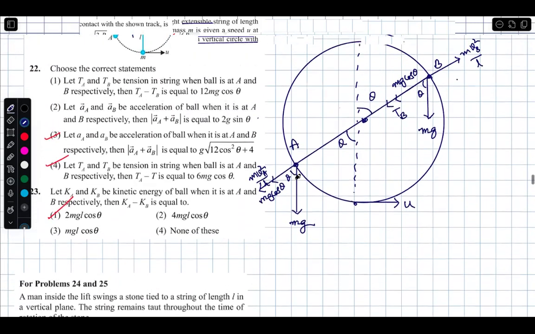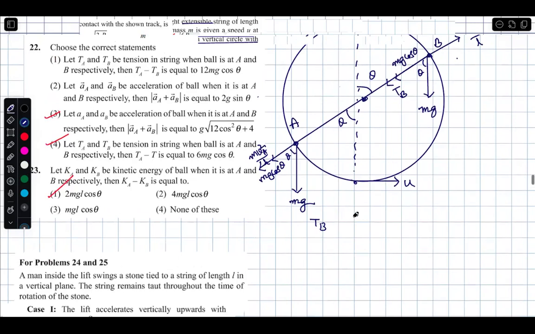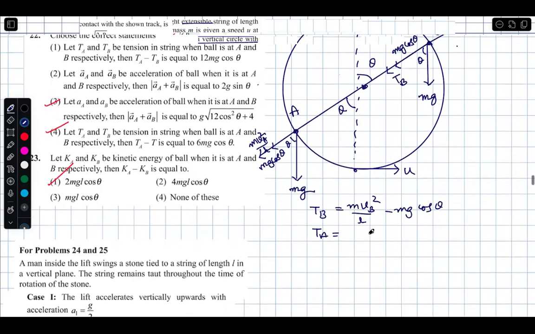Now please tell me what is the tension at B. Clearly tension at B is MVB square by L minus MG cos theta. Tension at A is MVA square by L plus MG cos theta.